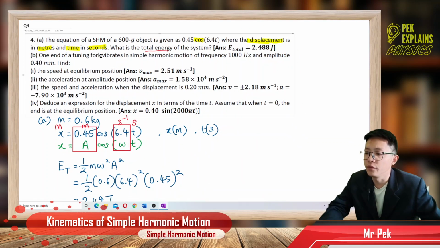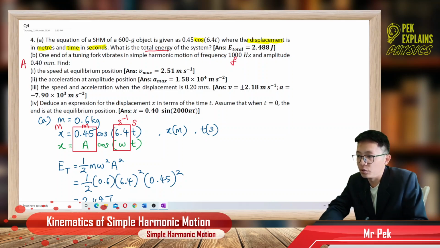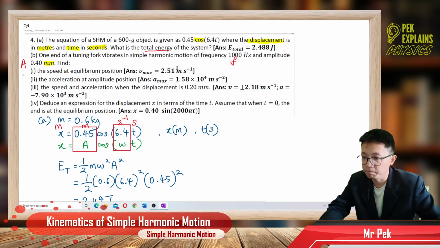Now B. One end of a tuning fork vibrates in a simple harmonic motion of frequency 1000 Hz and amplitude 0.4 millimeter. So this is the frequency and this is the amplitude. Be careful, the unit is in millimeter. You need to change to meter. Find the speed at equilibrium position.